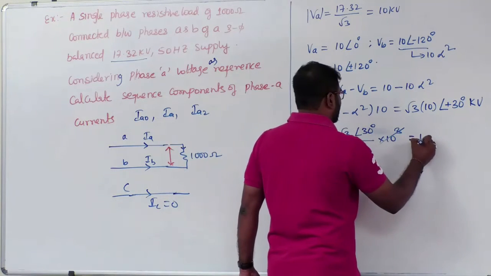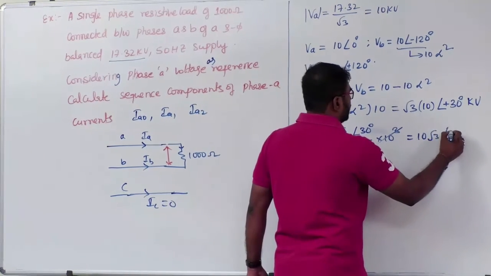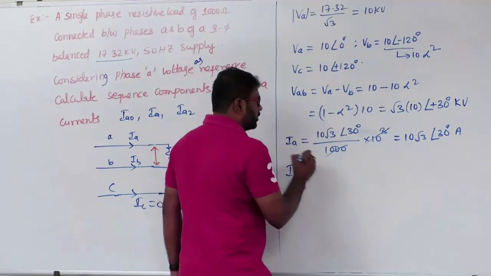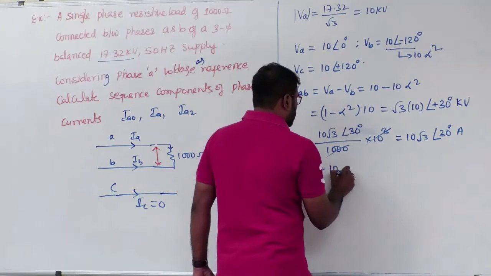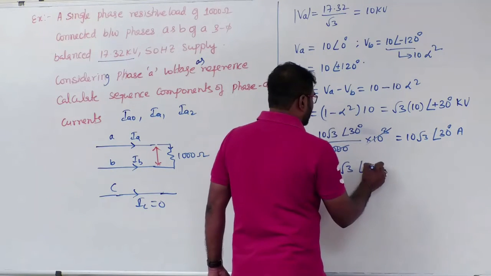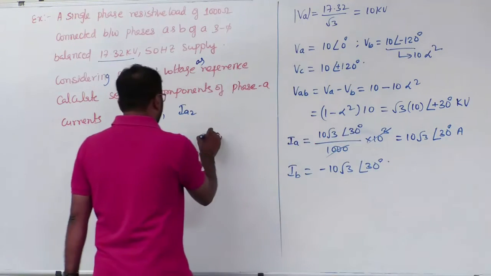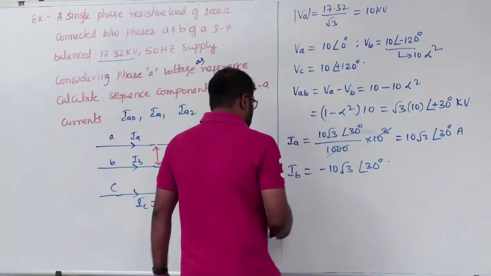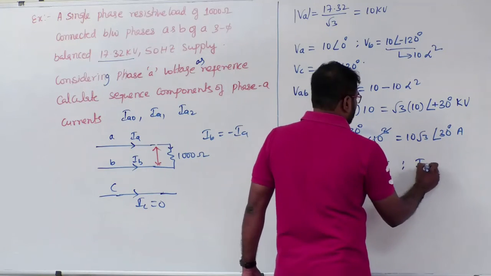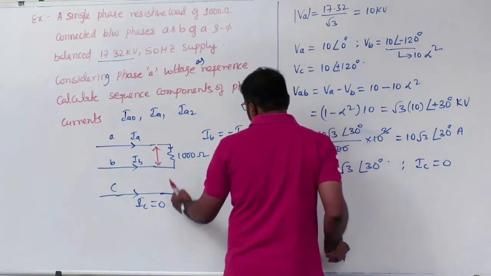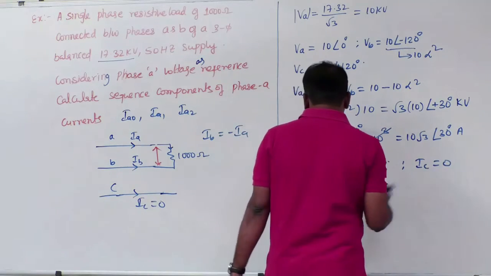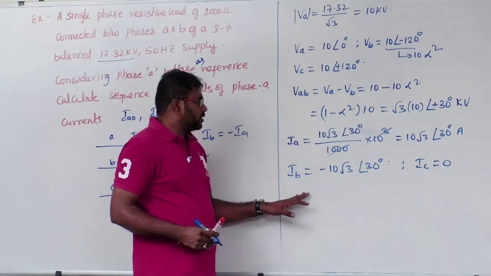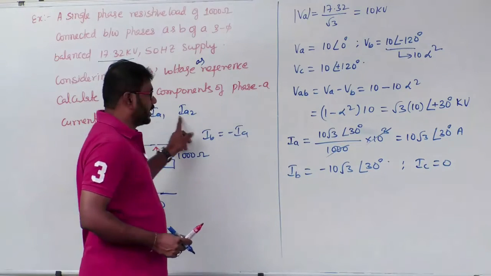So directly we can write 10 root 3 at an angle 30 degrees amperes. That is IA. What about IB? Minus 10 root 3 at an angle 30 degrees, because we know IB equal to minus IA. Next, what is IC? Nothing is connected between B and C, so IC is 0. So using this we can calculate IA0, IA1 and IA2.